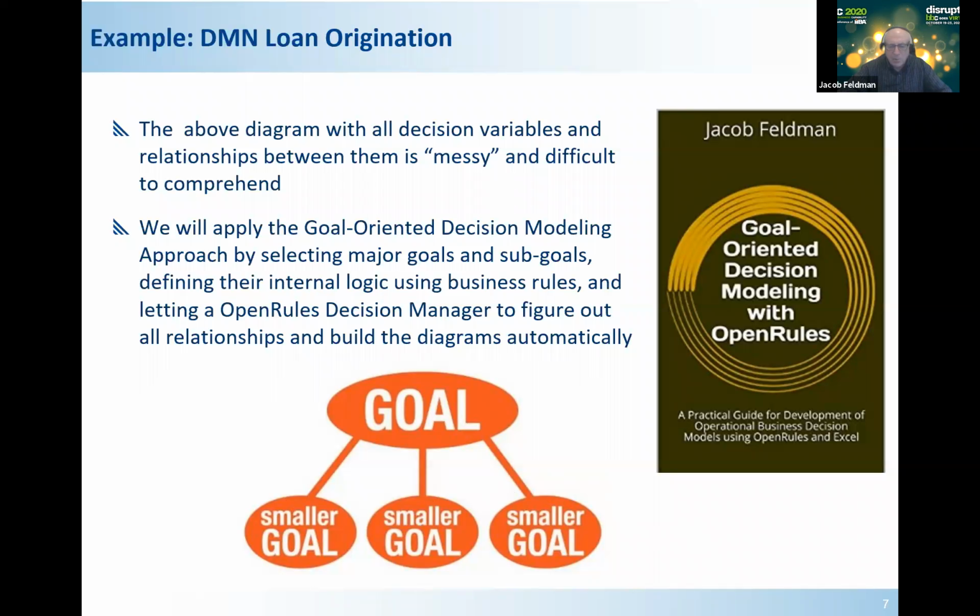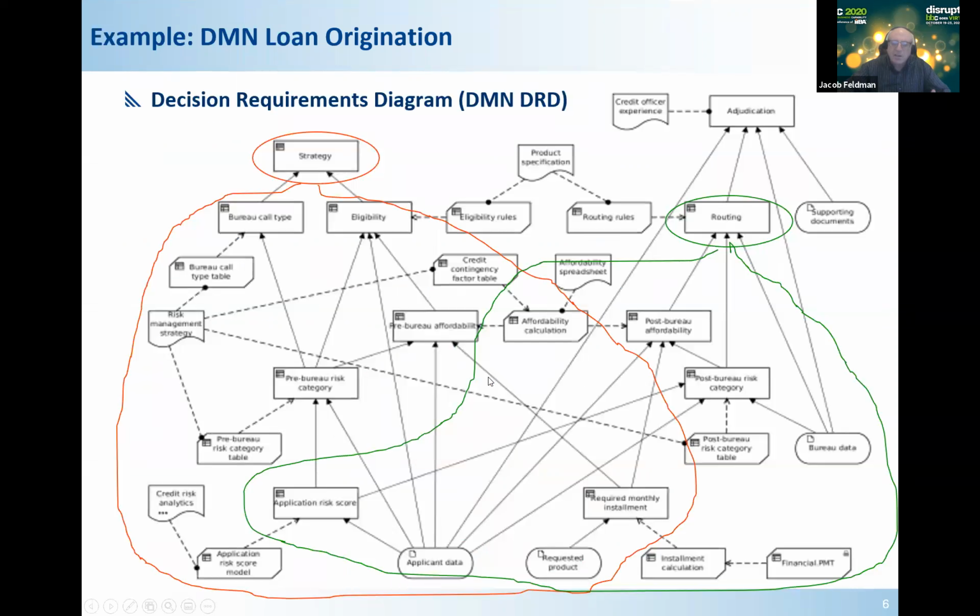When we create decision models for all goals and sub-goals, the proper rule engine or decision manager can automatically figure out all relationships and build this nice diagram. It is simpler and nicer without forcing a human to create all these dependencies manually, which can be really difficult. And I will show you how we will generate them automatically.